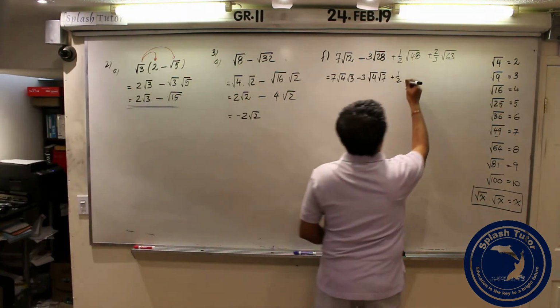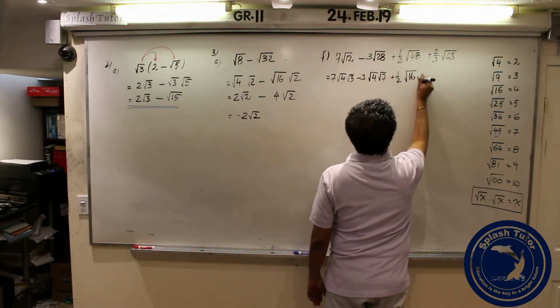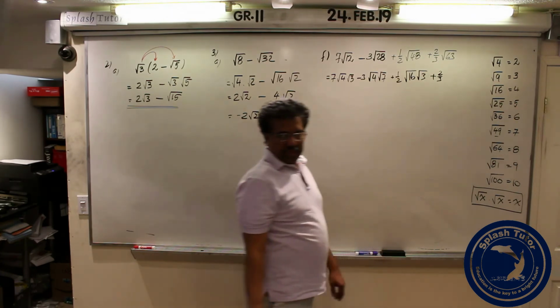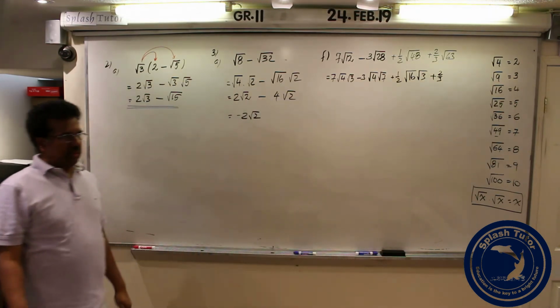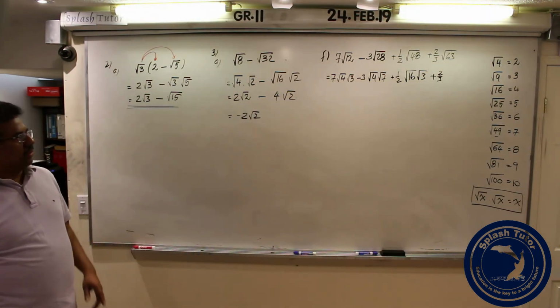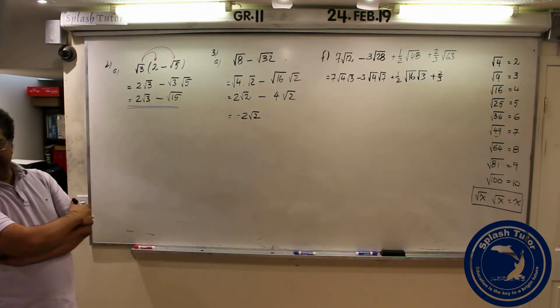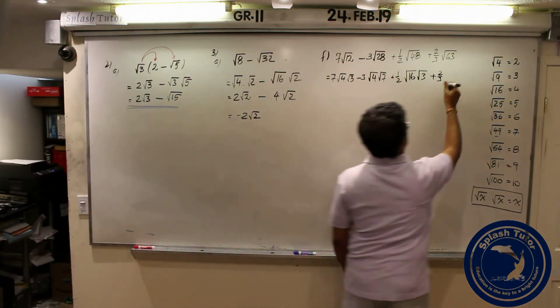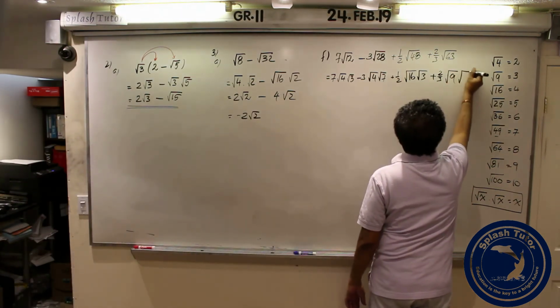Root 63 is 7 times 9, so 9 times 7. You have to say 9 times 7.